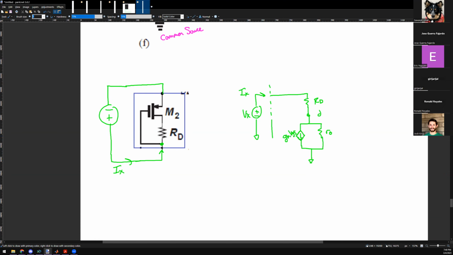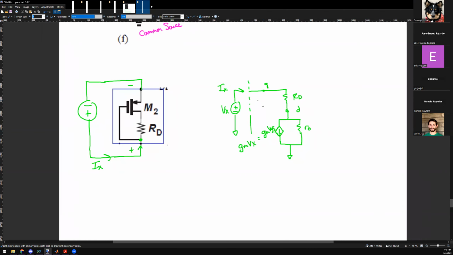That's Vgs, but Vgs is also equal to Vx. Would you guys agree? In this problem, the voltage applied across the whole device is the Vgs because of how this gate is connected, above the resistor. You guys agree that this is the gate? Okay. So I need to find the impedance of this guy.